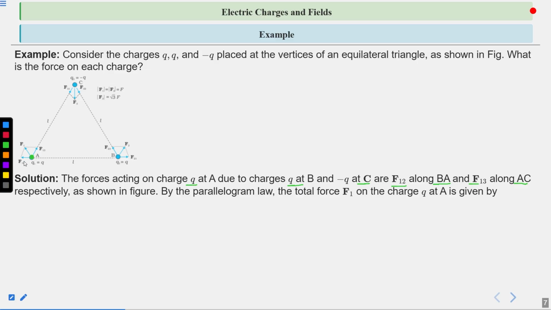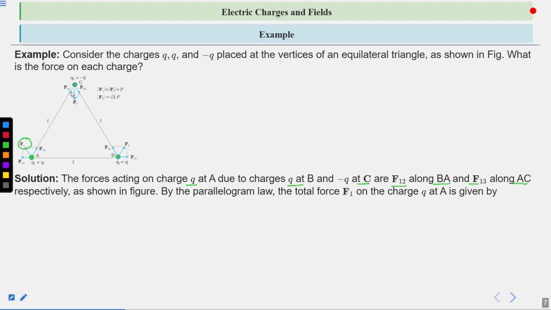F12 is the force on charge q1 due to charge q2. F13 is the force on charge q1 due to charge q3. Clear? Now F1 is the resultant force on charge q1.